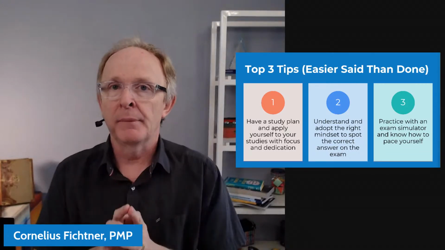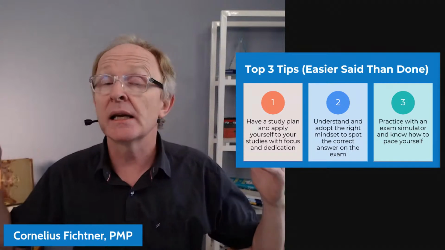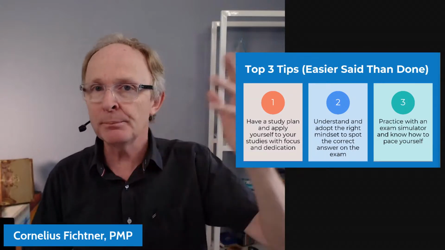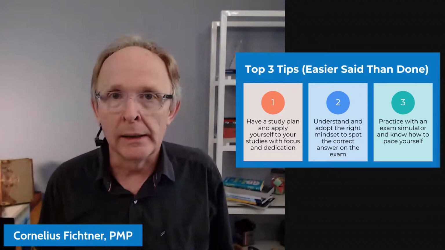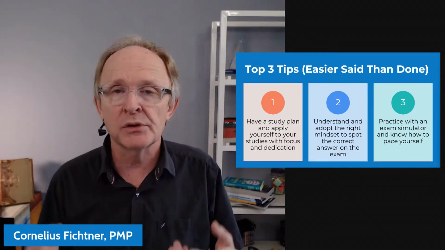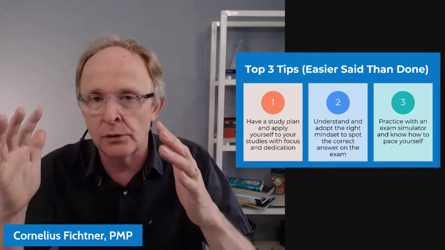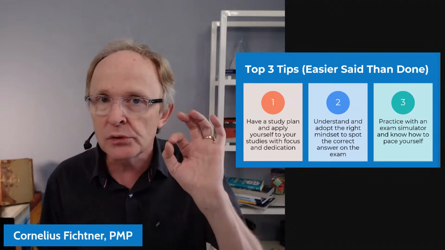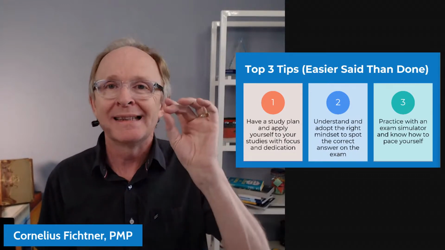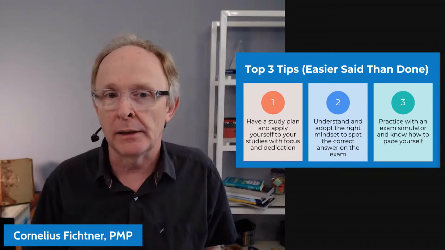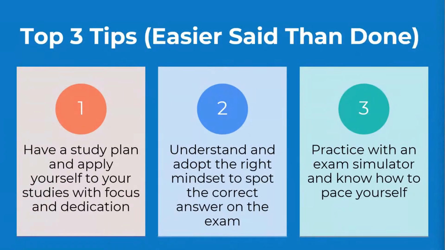The PMP exam is 230 minutes. It is long. If you haven't been to school for a while, right, at college or so, and you suddenly have to sit down 4 hours concentrating, it's really hard. So using an exam simulator is really the best thing you can do to yourself in order to prep and know where you stand.